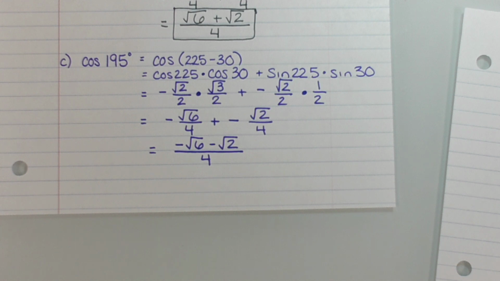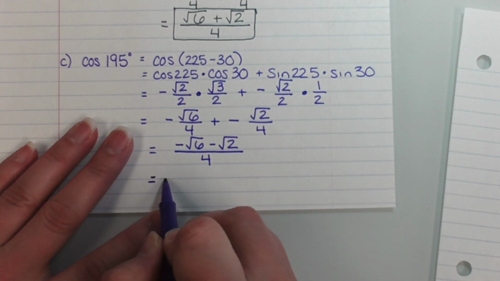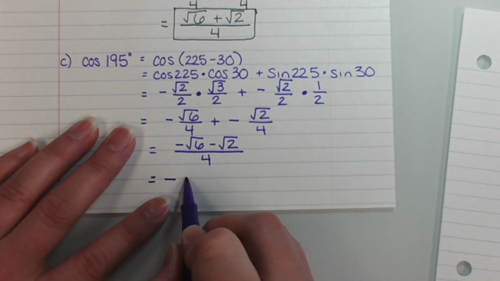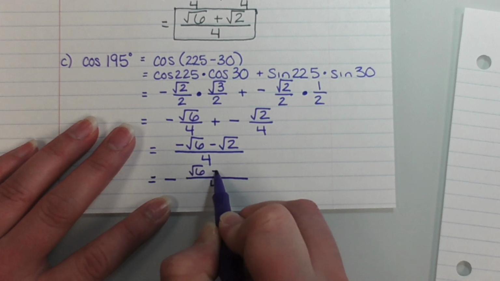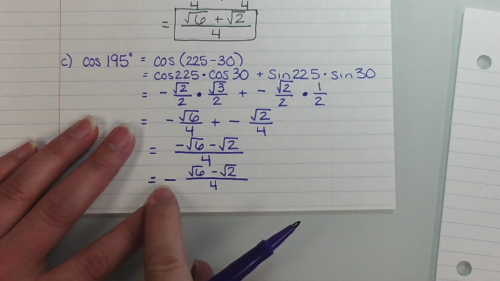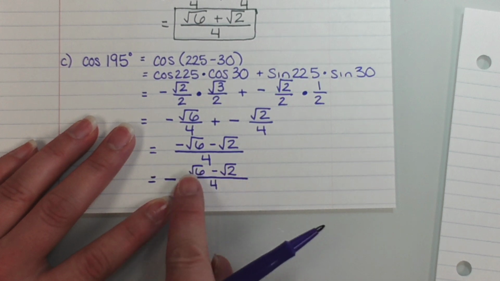Oftentimes when we have negatives at the beginning of fractions, we like to pull them out front, and that is accurate that you should do that. But if I were to move the negative right here and then have my fraction, square root of 6 minus square root of 2, that negative now is being placed on both of those.